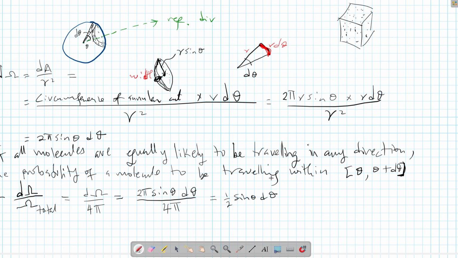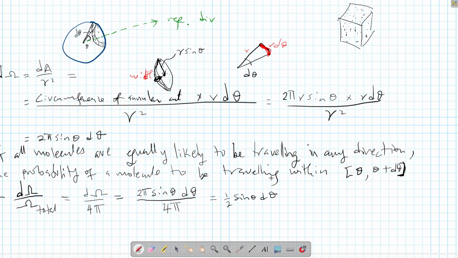That is the probability of a molecule to be found traveling within theta and theta plus d theta. Okay, so this is C.